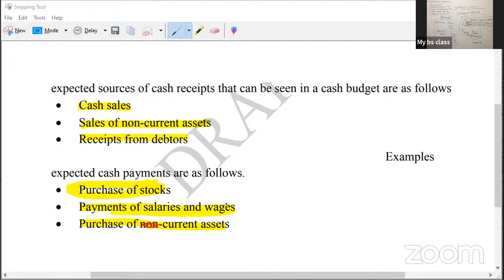No guys, non-current assets come under the capital budget because those are long-term decisions that should come under the capital budget. Purchasing of non-current assets comes under the capital budget.